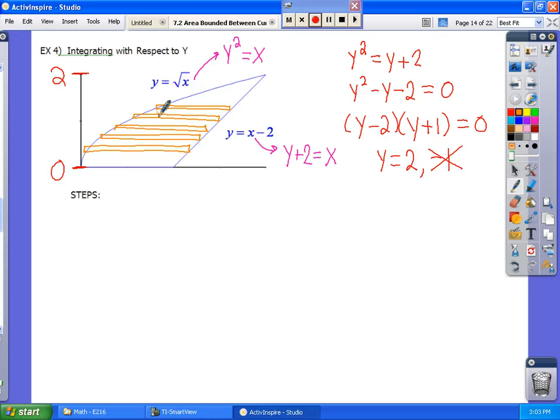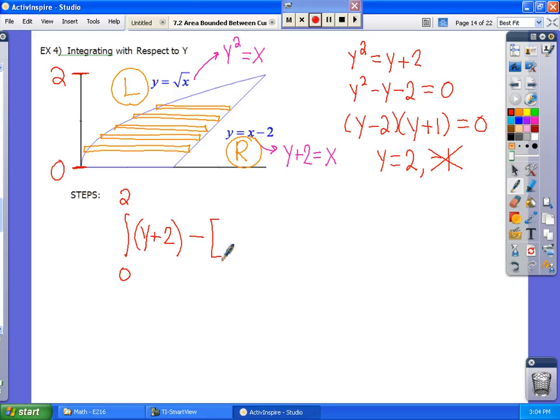The left function is y equals root of x. So my integral will go from 0 to 2 of the right function, which is y plus 2, minus the left function, which is y squared, dy.